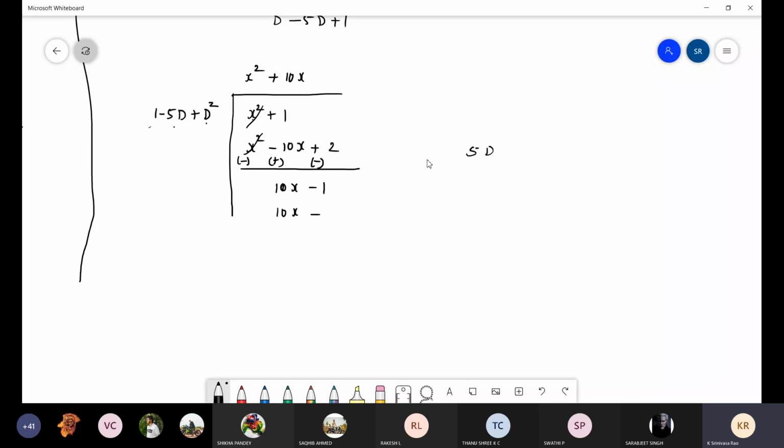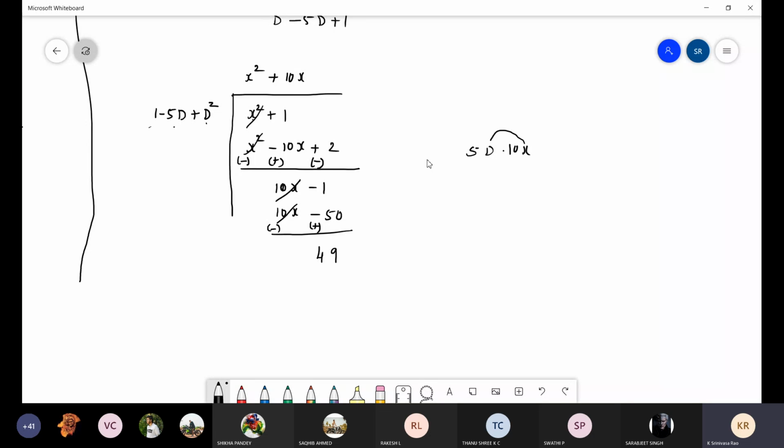Negative sign already written. Now I will take the terms 5d into 10x. What is this? Differentiation of x is 1. 5 tens are 50. And d square is not needed because it gives 0. And this becomes minus and this becomes plus. 10x cancels with 10x, you will get 49. 50 minus 1 is 49.